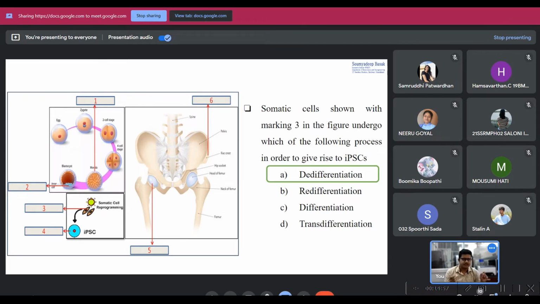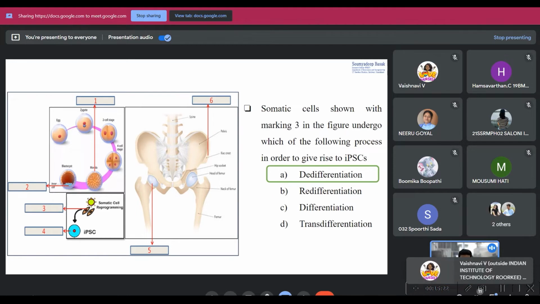When it is getting back to the position where it can give rise to iPSCs, induced pluripotent stem cells, you can see from the term that it is being induced to become pluripotent stem cells, which have the property to differentiate into a myriad of different kinds of cells. So this process is called de-differentiation.